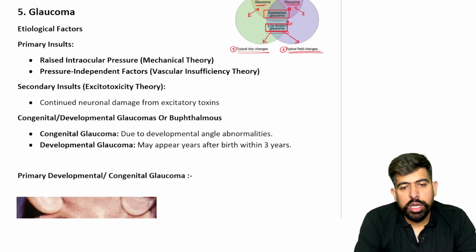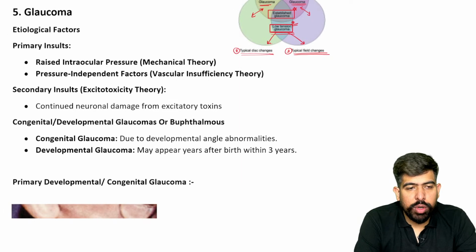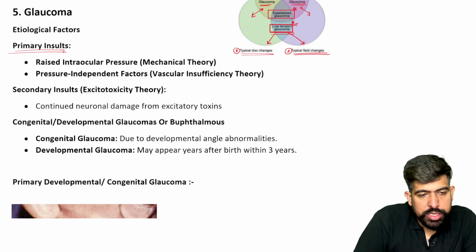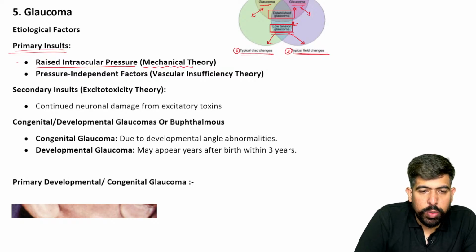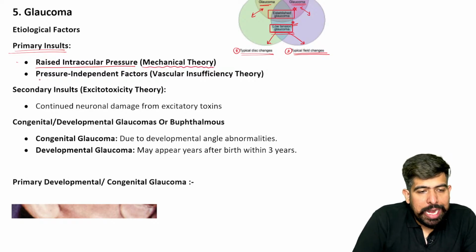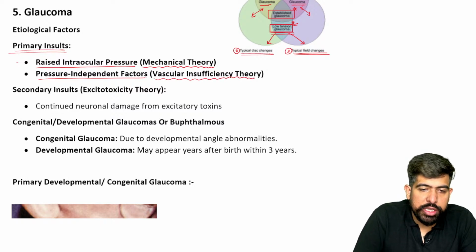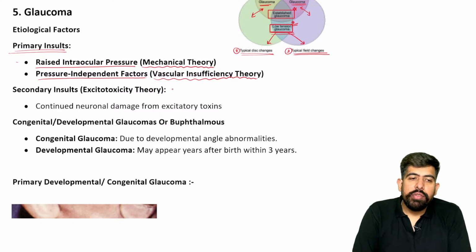The raised intraocular pressure is needed, which is the mechanical theory. The pressure-independent factor is the vascular insufficiency theory. These are the two theories from the primary group.